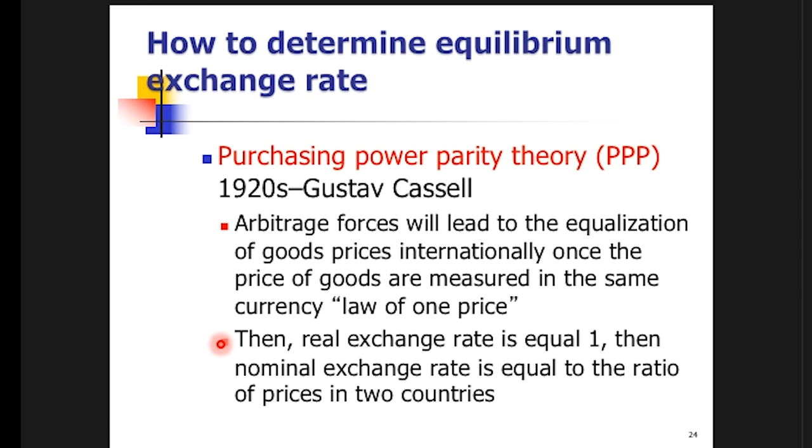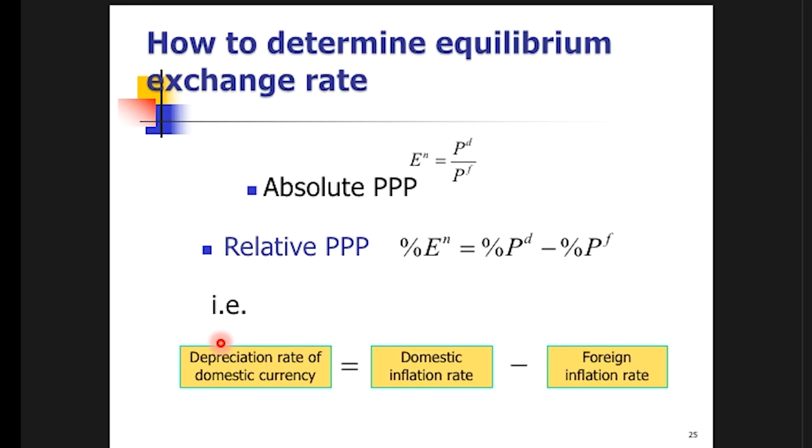So we will have the real exchange rate equal to 1, and the nominal exchange rate will be the ratio between domestic price and foreign price. So this is the first way to determine the nominal exchange rate.